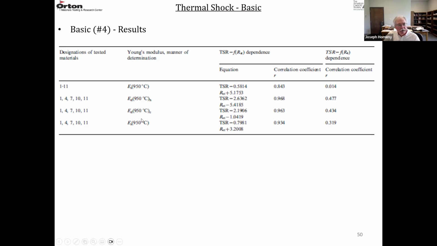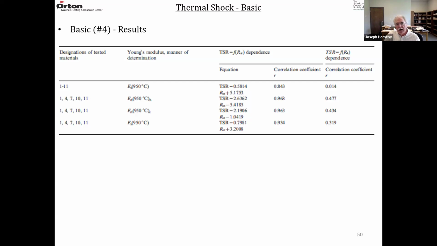So for these four cases, they use these different elastic modulus values, and they're quite different. They wrote an equation, TSR equals 0.5814 times RST plus another constant, 5.1753. So they developed an equation in terms of RST for each one of these, and they got a high correlation coefficient.